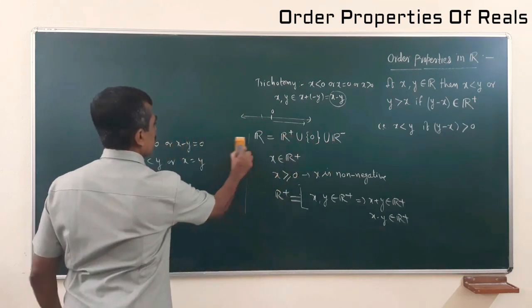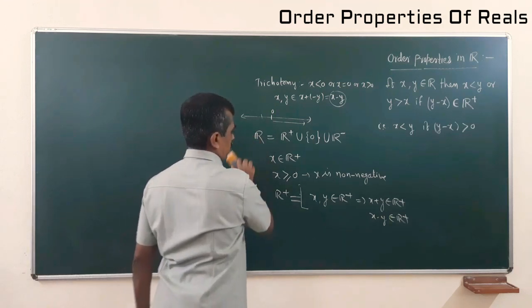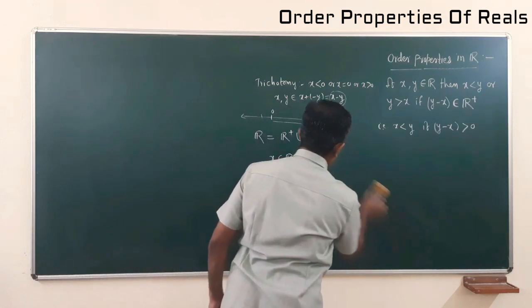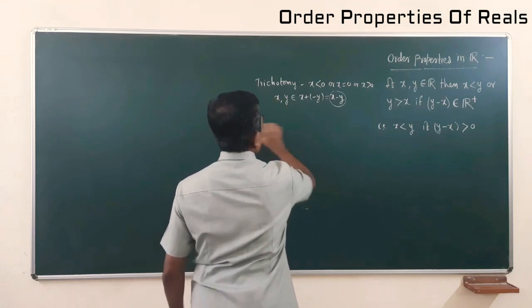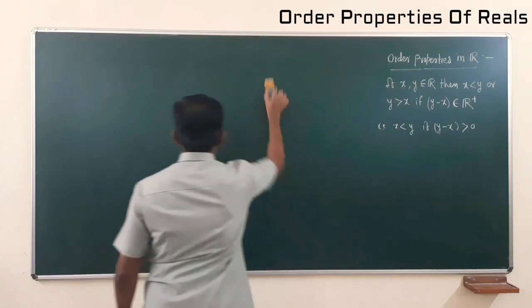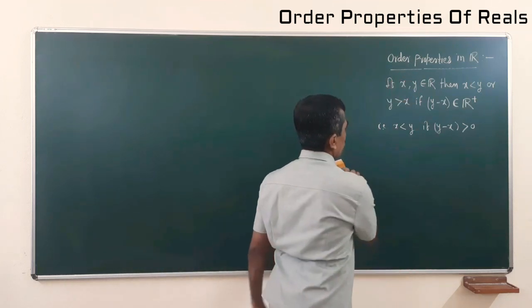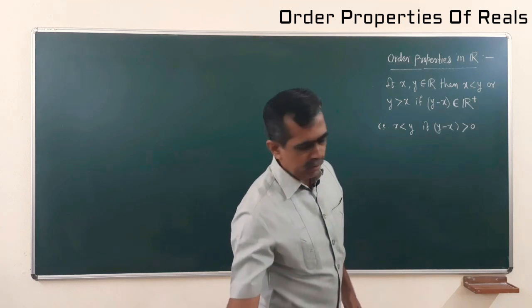A number which is positive or 0 is called a non-negative real number. Now we will use these basic things to prove some properties with respect to order relation.